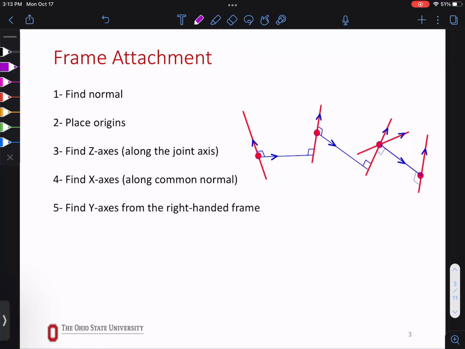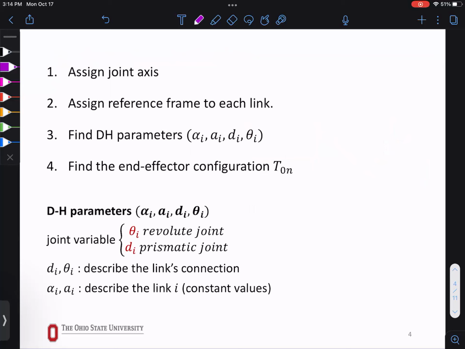We also want to find the origin of our frames. So where your x and z coincide, that's the origin of your frame. So you can put a frame on that origin, right? So place the origin, find the normals, place the origin, assign z-axis, assign x-axis, you're basically done with frame attachment.